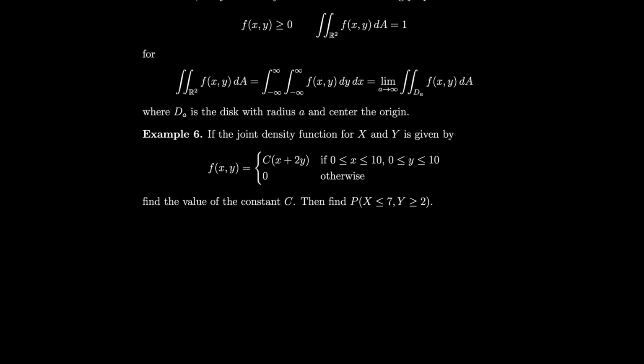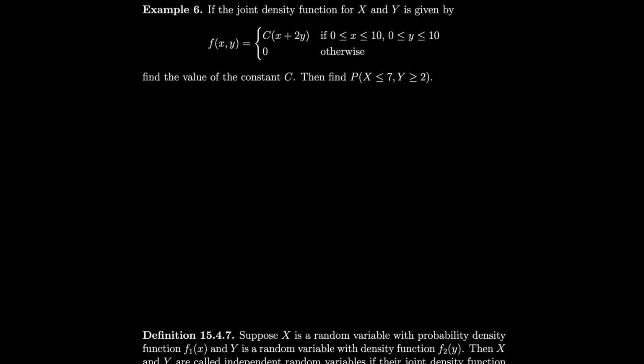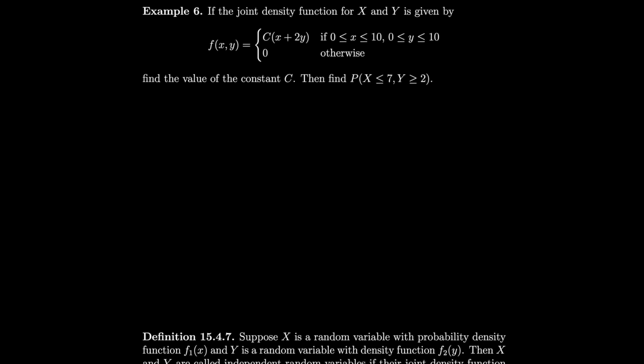As an example, let's try to find c for this joint density function for x and y, and then try to find the probability. So in order to find the constant c, let's take advantage of the fact that the double integral of this thing has to be 1 if you integrate everywhere. So I could set 1 equal to the iterated integral from minus infinity to infinity, minus infinity to infinity of f(x, y) dy dx, and notice that it's 0 if you go outside of 0 to 10, 0 to 10.